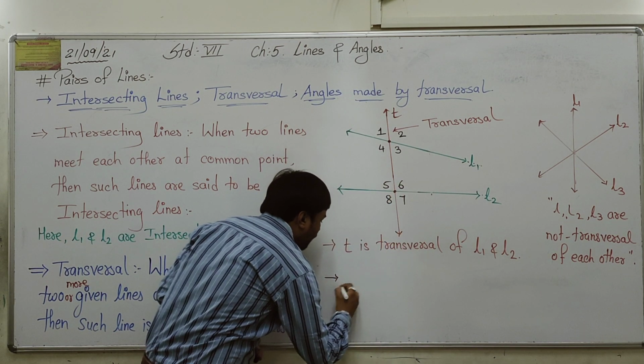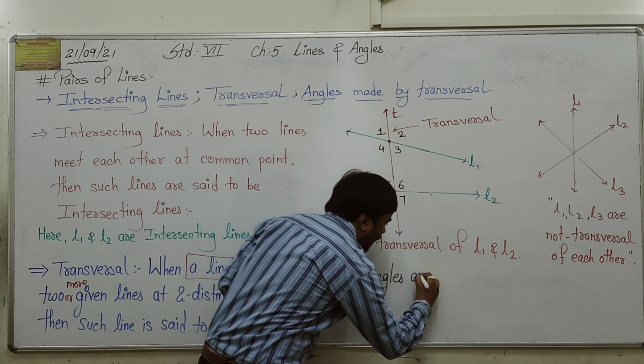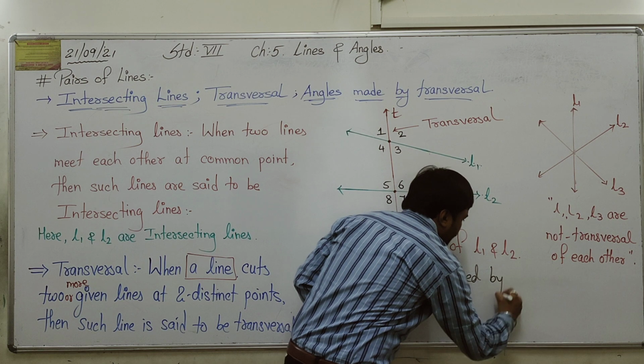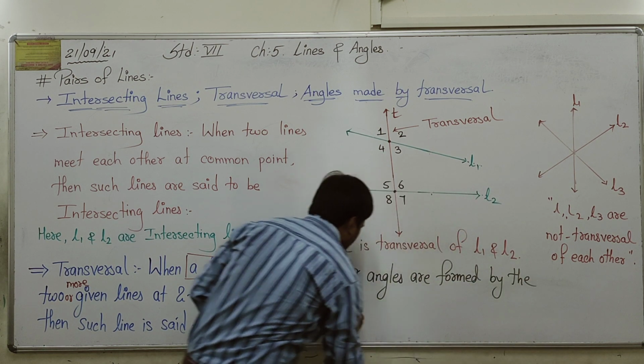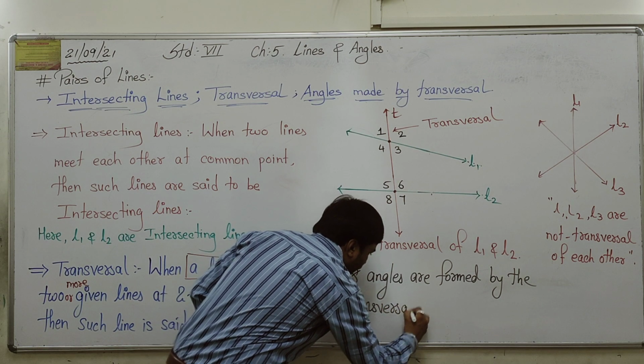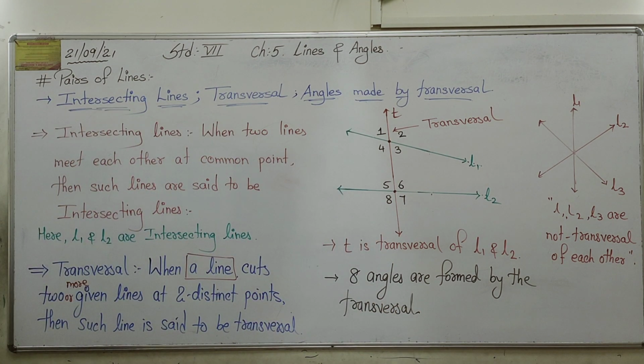So how many angles are formed? 8 angles are formed by the transversal. Are you getting that?